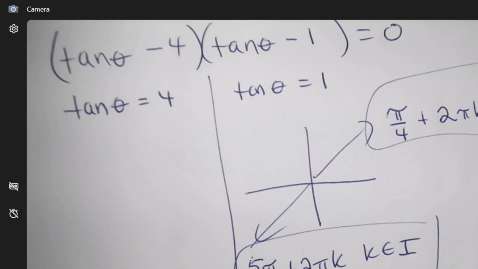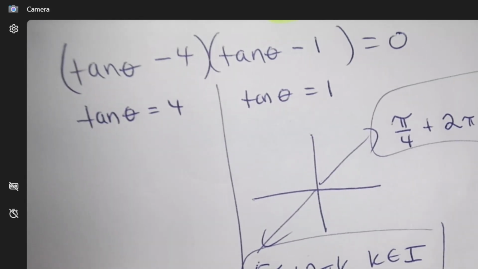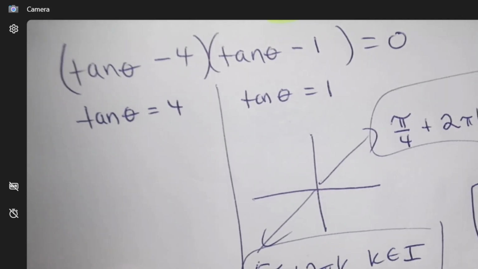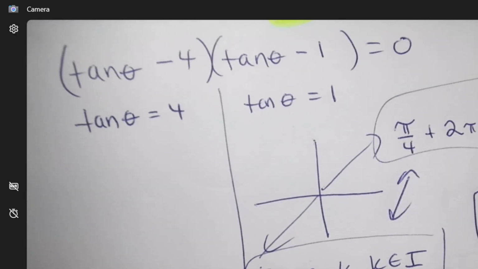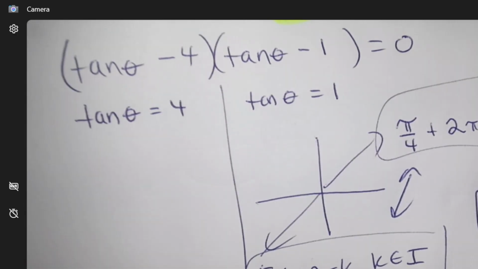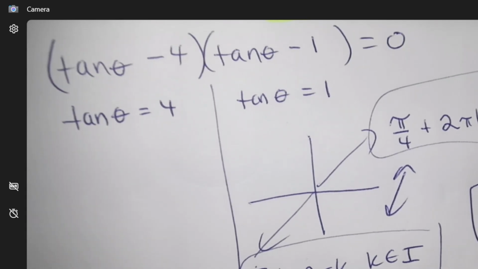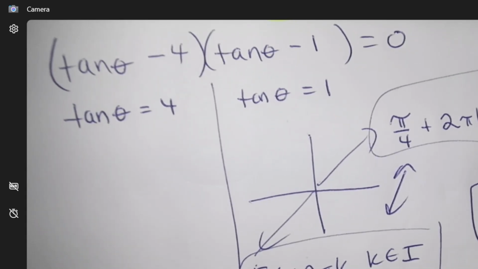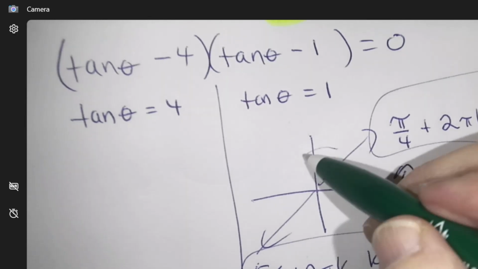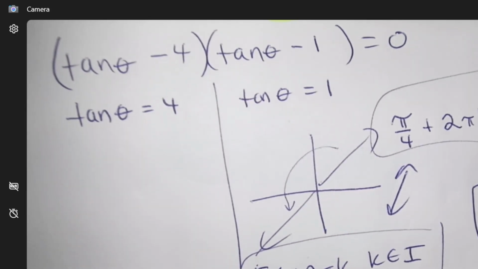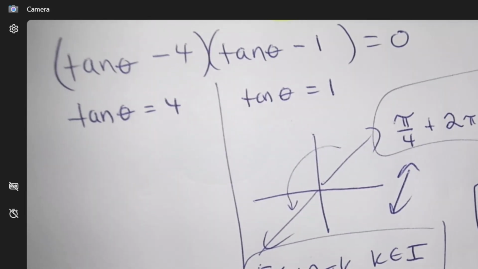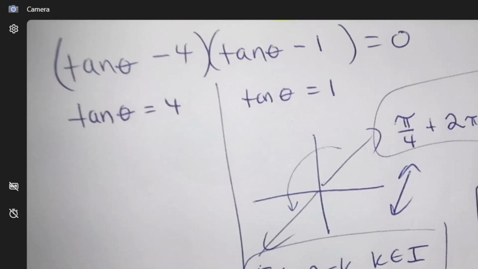Or I could have been even smarter, and I could have done just a pi k. So you could have done those 2, or you could have just answered as this, because why? If I rotated just a pi, don't I include that answer? Yeah. So now I don't need to do the extra answer.